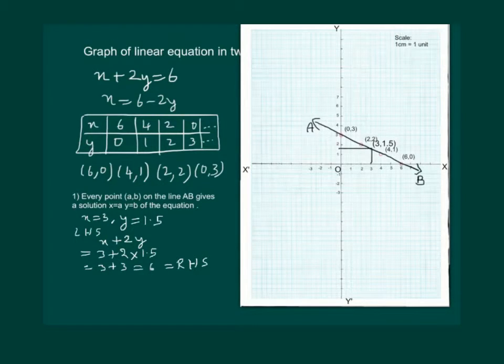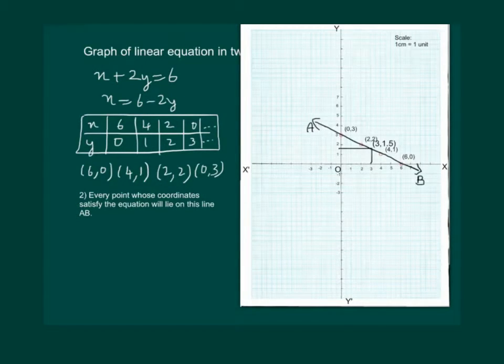So x equal to 3 and y equal to 1.5 is a solution of the equation x plus 2y equal to 6, and hence our statement that every point (a, b) on the line gives a solution x equal to a and y equal to b of the equation.